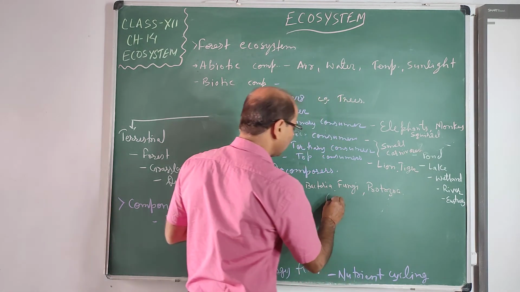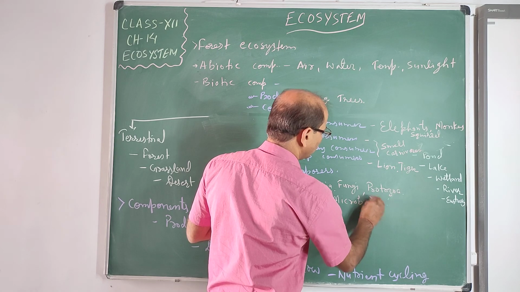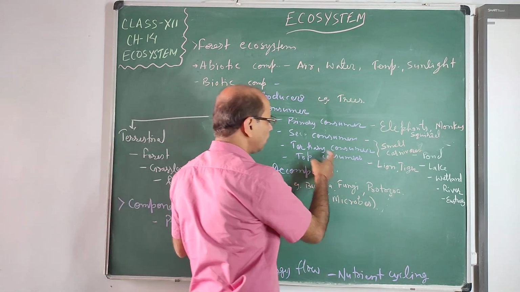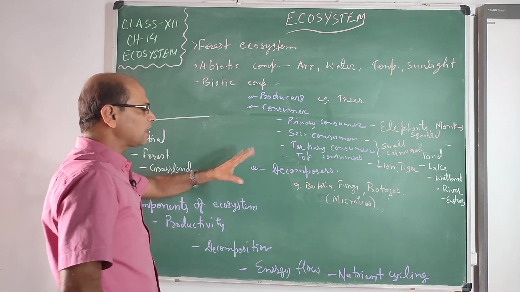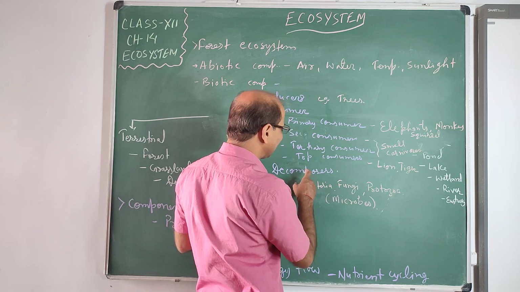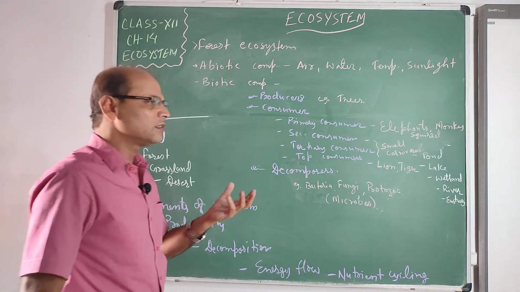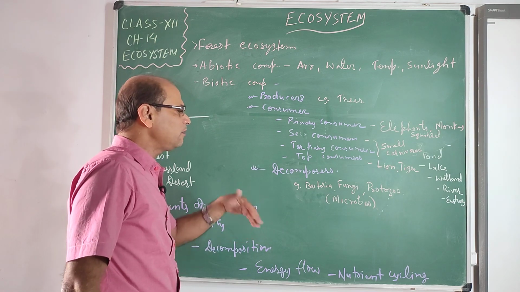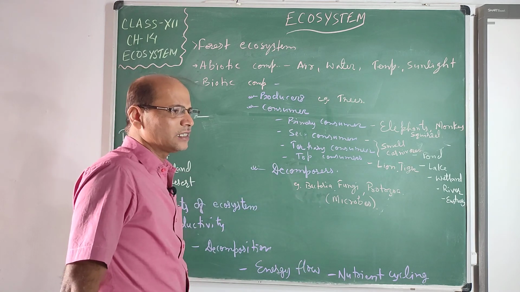They are small microbes which feed on the dead bodies of the other producers or consumers. So they consume that, or we can say they simplify the dead body into nutrients. Things the body was made of can be simplified with the help of these decomposers.